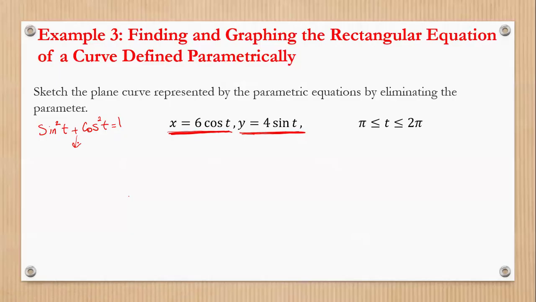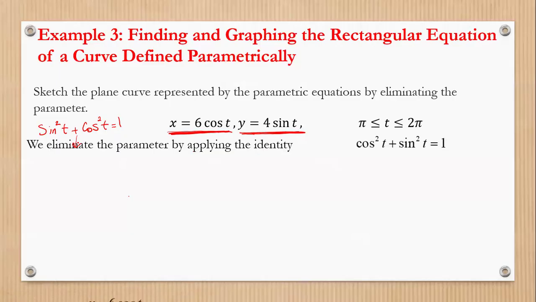So what do we do? We need to find sine from the second equation and cosine from the first equation. To isolate the cosine from the first equation, I need to divide both sides by 6.